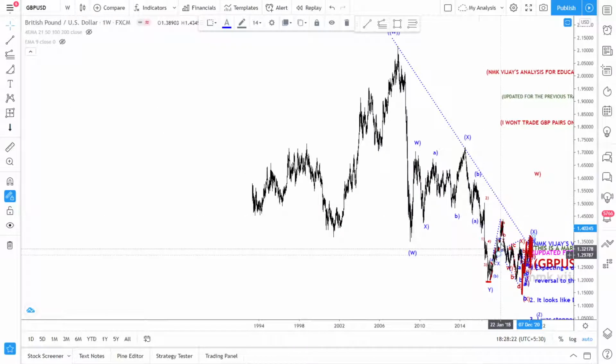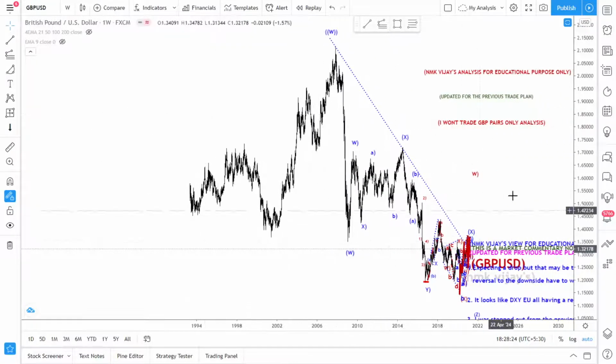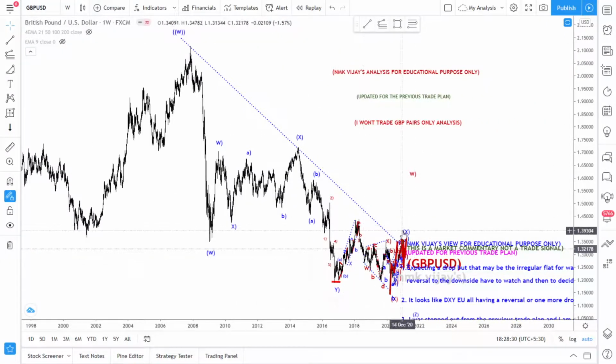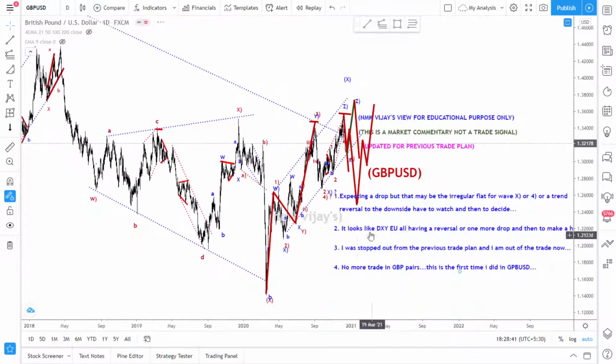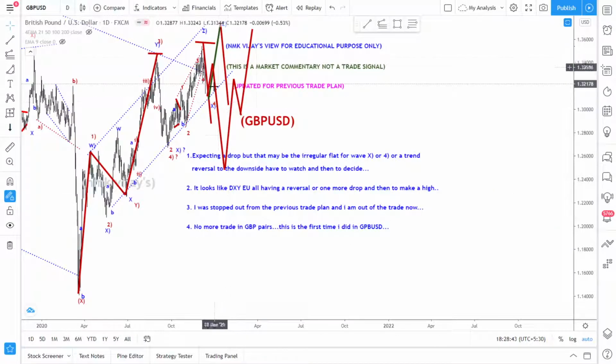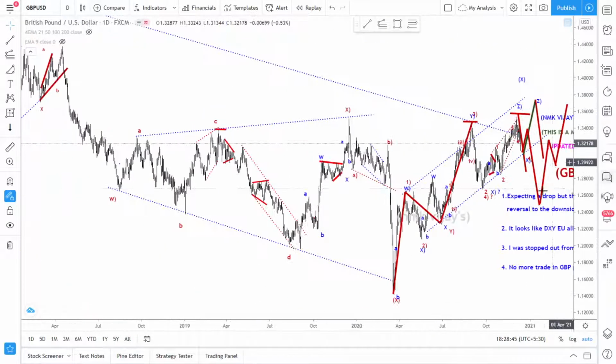So we need one more three-wave structure. Whether the X is a running flat and Z is also possible, or this is the end of the set here and we are in that bullish scenario, we can't say here. That is why I'm not trading this GBP USD now.